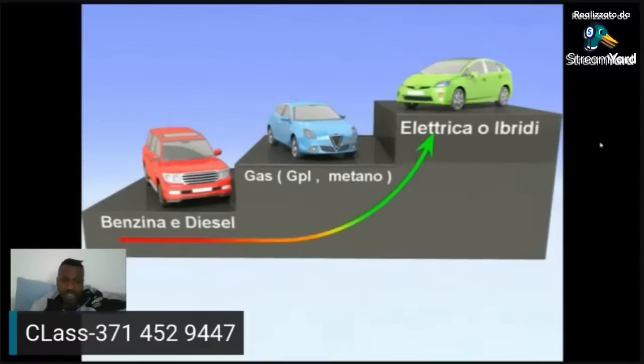I repeat, these vehicles are positioned in the order of pollution, meaning benzene and diesel pollute more than gas and GPL methane. Meanwhile, electric and hybrid vehicles do not contaminate at all. Is that clear for everyone? Very good.